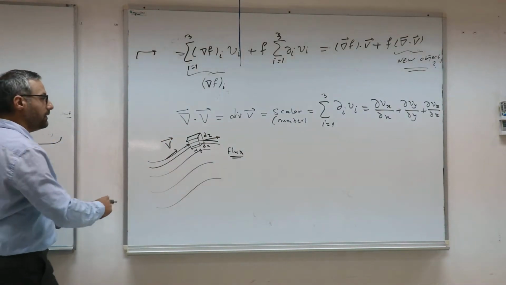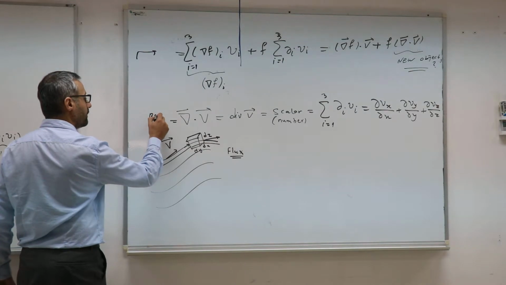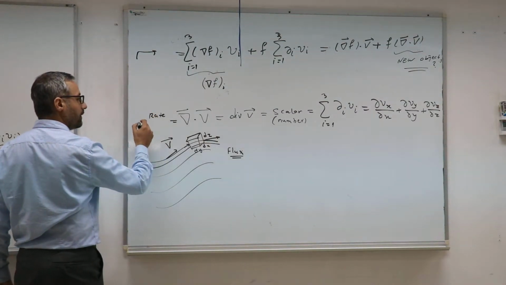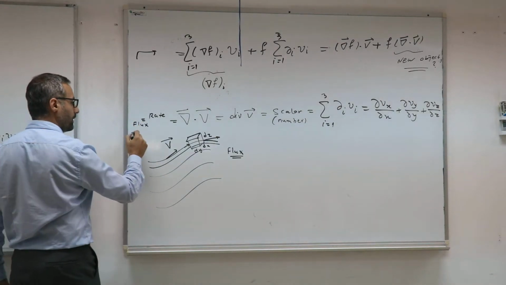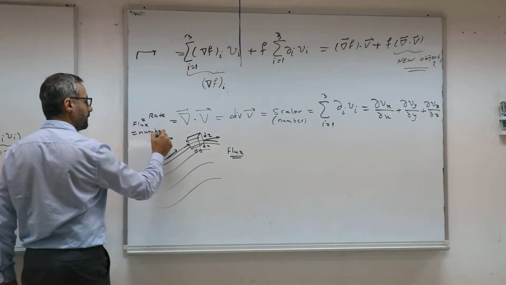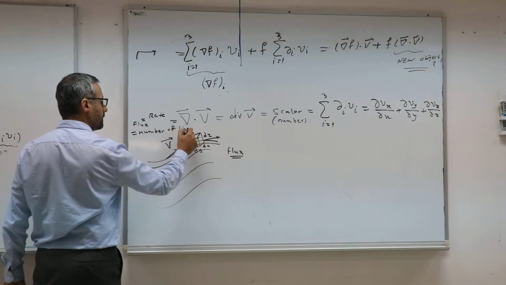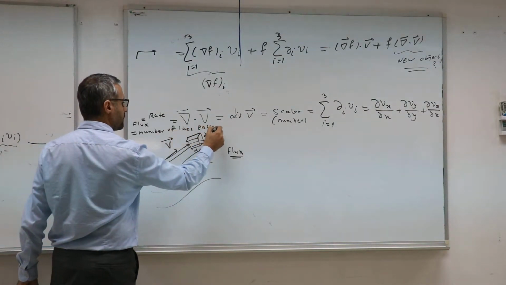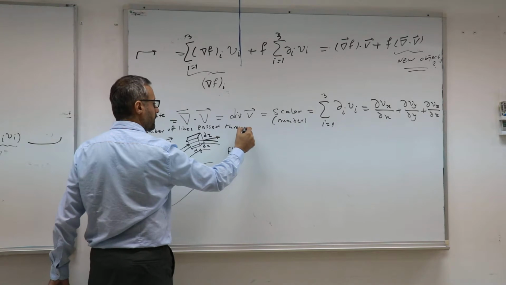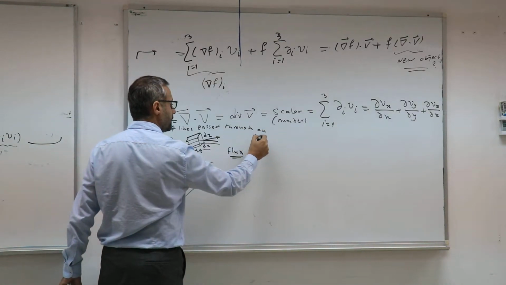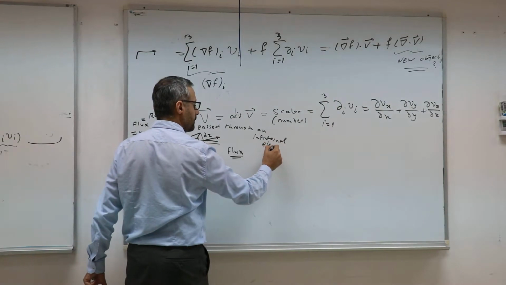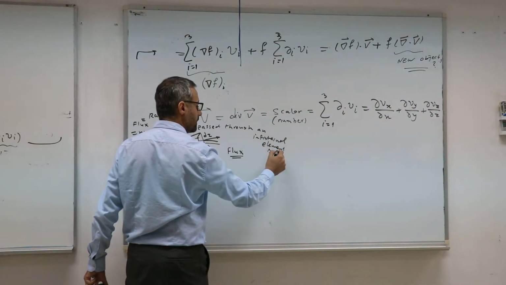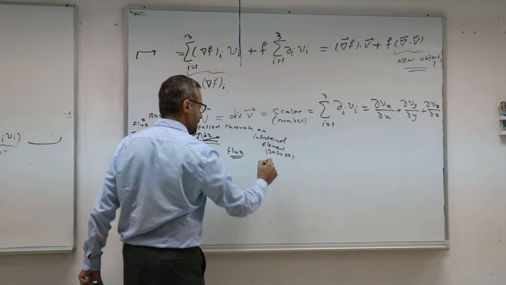So divergence of v is the rate, or it's called the flux, the number of lines passing through an infinitesimal element, delta x, delta y, delta z.